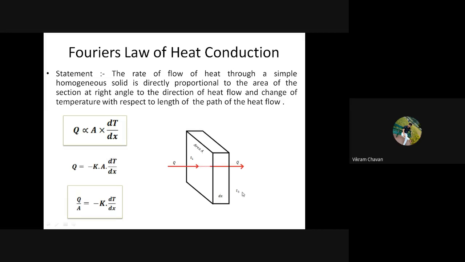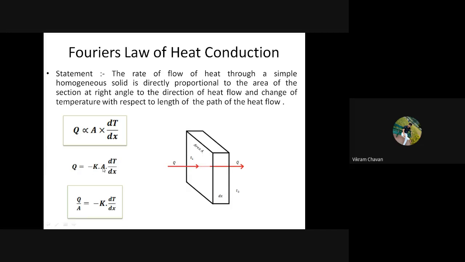Change in temperature is T2 minus T1, but T2 is always less than T1, so the difference will be negative, and to normalize this negative sign we have provided one extra negative sign. So q will be equal to minus k multiplied by A multiplied by dt divided by dx.